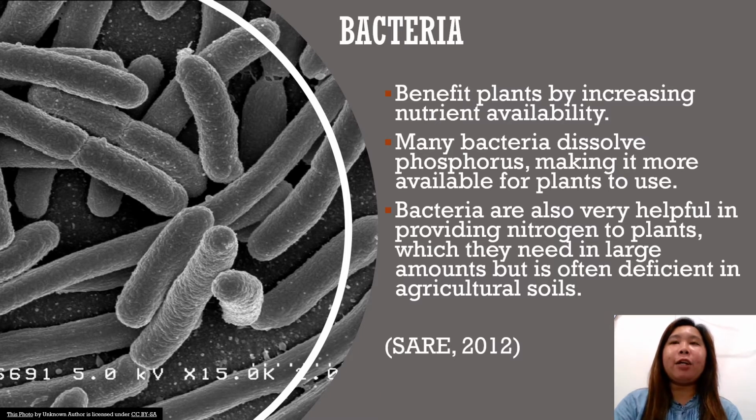Many bacteria can dissolve insoluble phosphorus, making it more available for plants to use. They are also very helpful in providing nitrogen to plants, which they need in large amounts but is often deficient in agricultural soils. Examples of those are what we call the nitrogen fixing bacteria, the nitrifiers, and those processes will be discussed towards the end of this video.